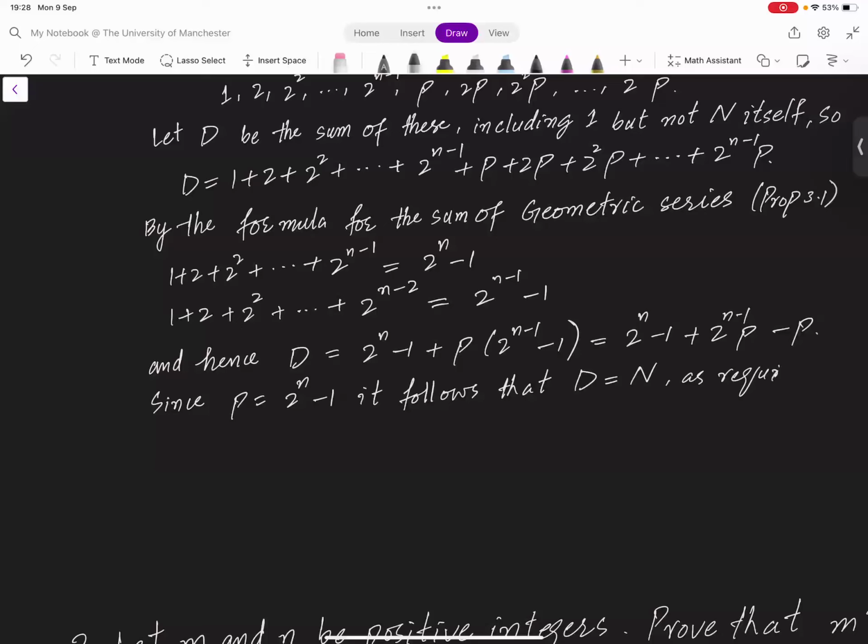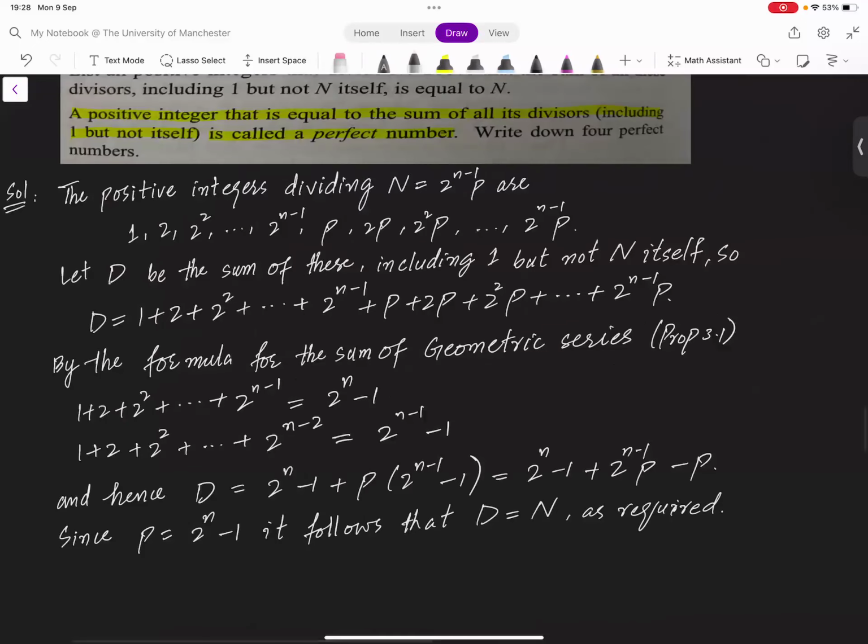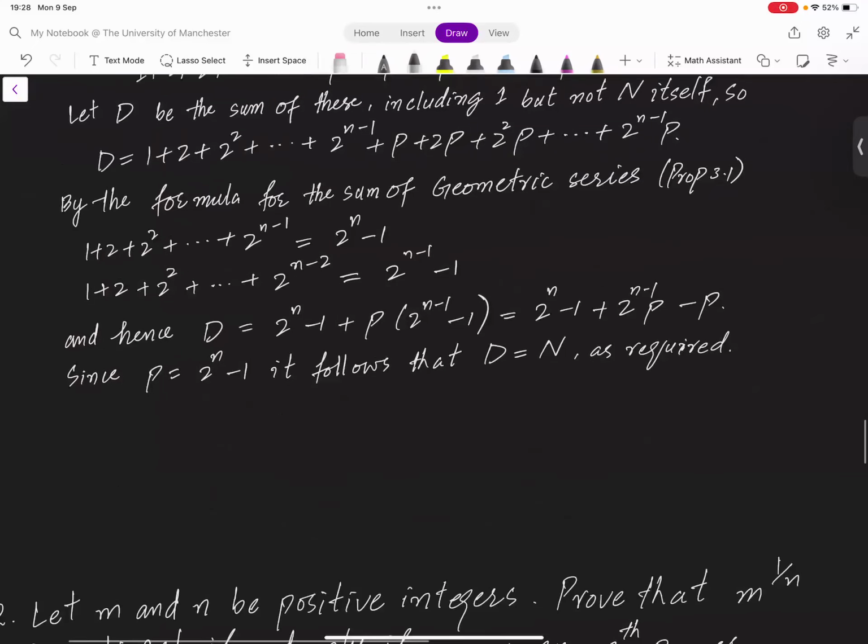So the sum of all these divisors is N. Now we need to find 4 perfect numbers.